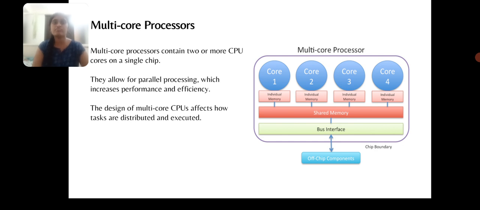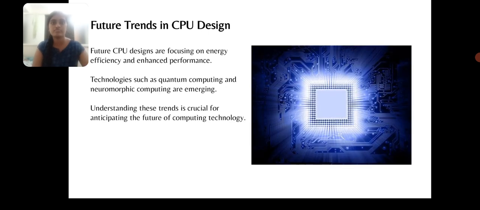The design of multi-core CPUs affects how tasks are distributed and executed. Here you can see the multi-core processor, core 1 onwards, where a single bus is connected to multiple cores.